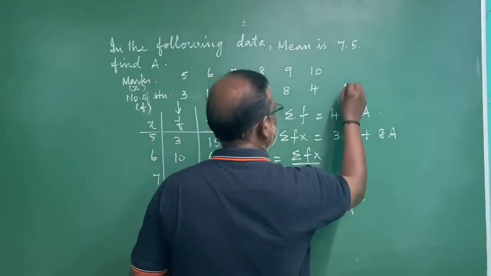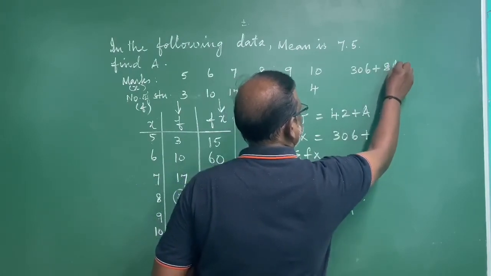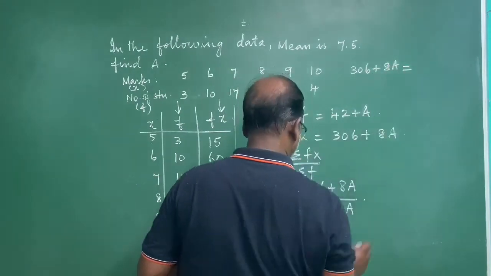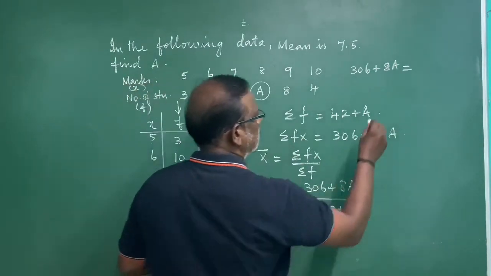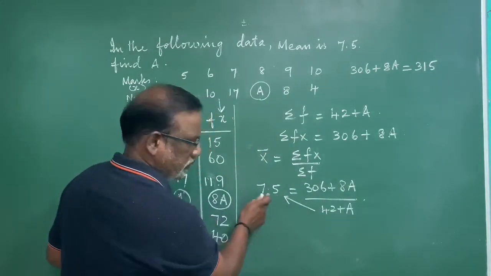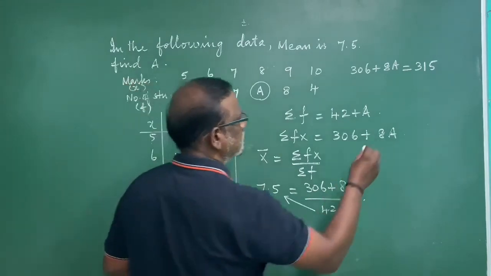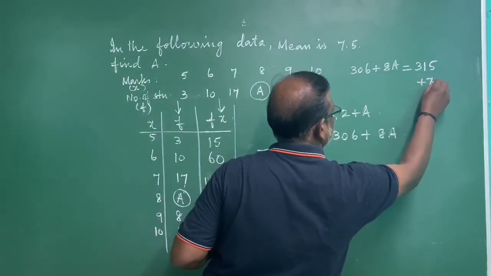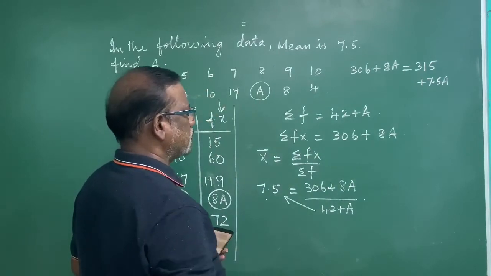We get 306 plus 8A is equal to 42 into 7.5. 42 into 7.5, we get 315 plus 7.5A. Now collect all the values on this side.